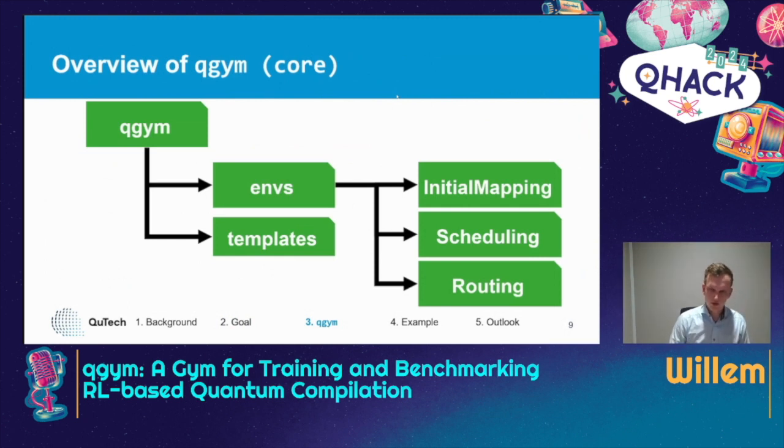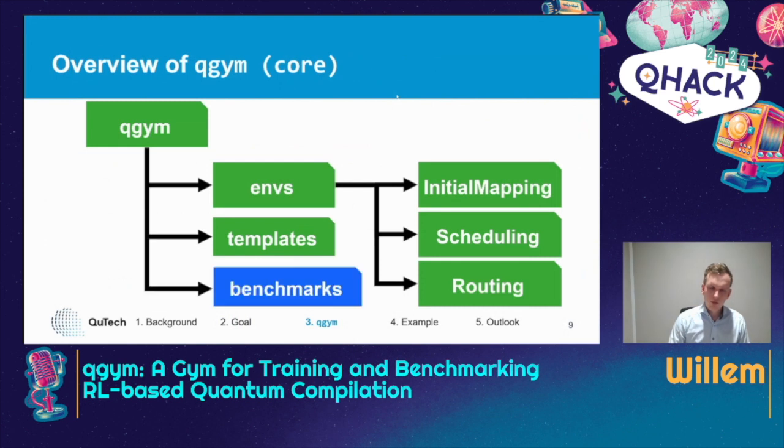And currently we're working on benchmarks. So what this will include, or what we try to help people with, is once they have trained an agent, they want to see how does it perform and how does it compare to existing compilers that do these specific tasks. We want to help them with that.